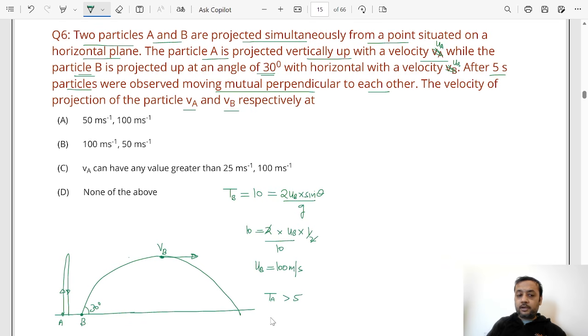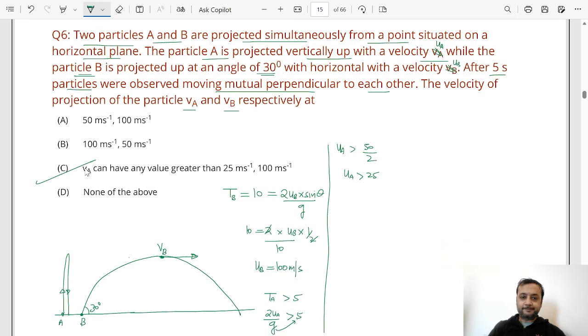Now you remember what is the time of flight of A? That is 2u by g, because A has been thrown vertically. So that should be greater than 5, which means UA should be greater than 5 into 10 upon 2. So UA should be greater than 25. So as long as velocity of A is greater than 25 and velocity of B is 100, the given situation can be observed, right?